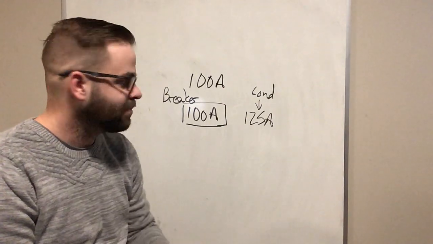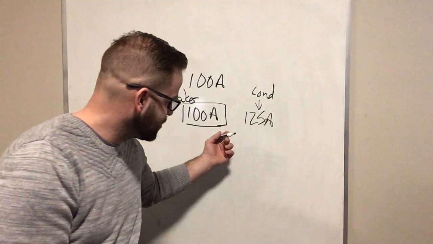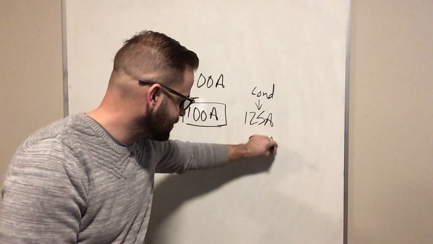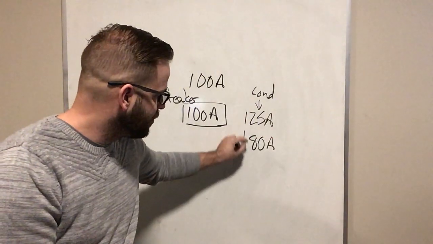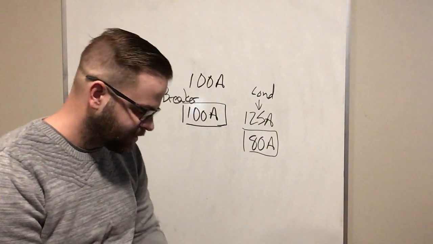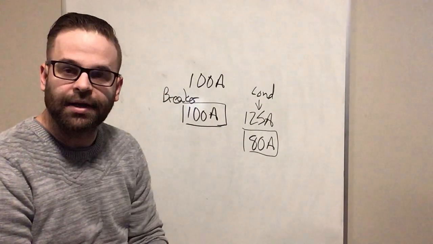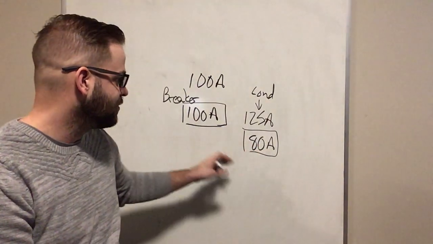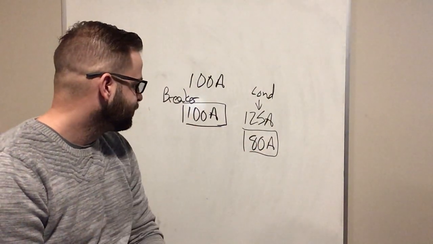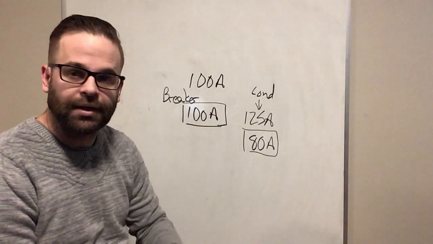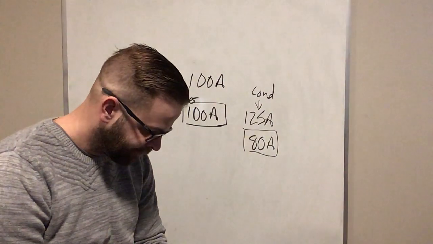And let's say potentially I had conductors that were rated at 80 amps instead. Well, now that is what my circuit's rated at. It's rated at the lesser of the two. It'd be rated at the 80 amps. So no longer is it rated at the 100 amp breaker size, but instead at the 80 amp size.